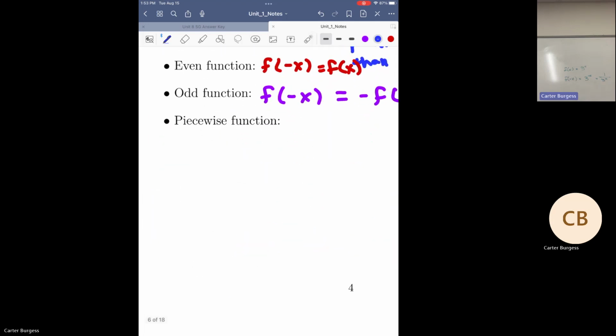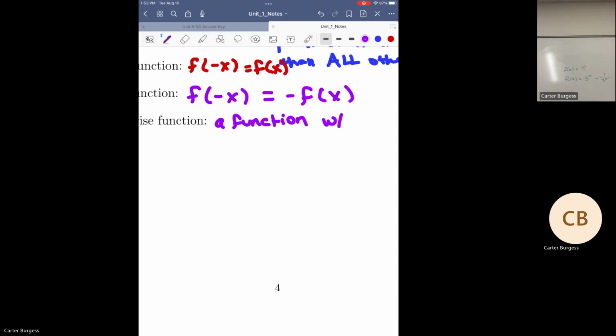A piecewise function is a function that has different definitions over different intervals. So maybe this is a function that acts like it's x^2 when our numbers are negative, but acts like it's cosine of x when the numbers are positive.